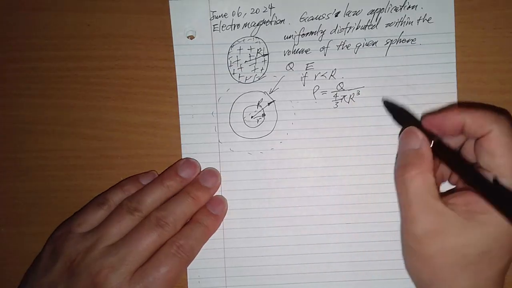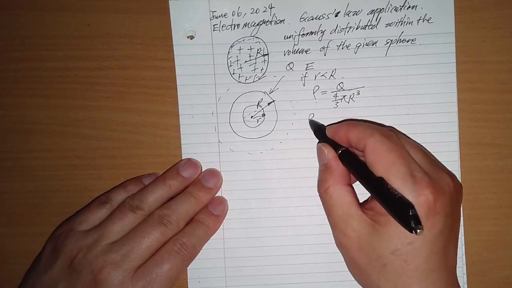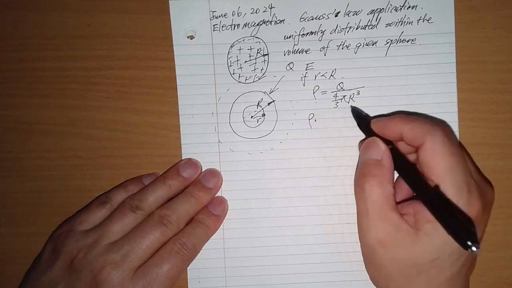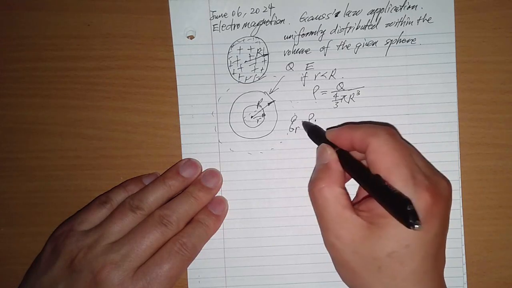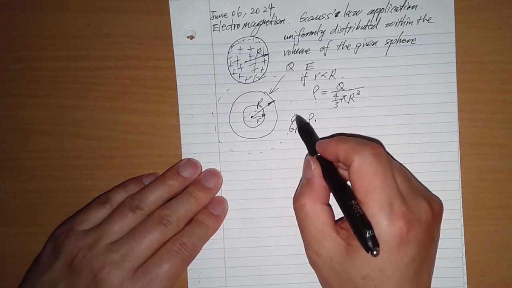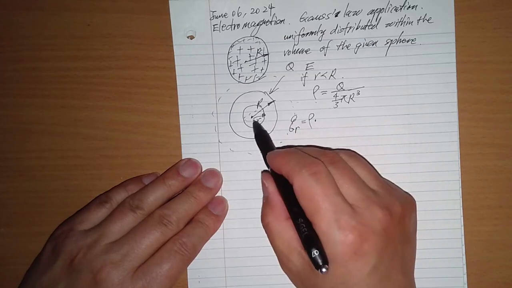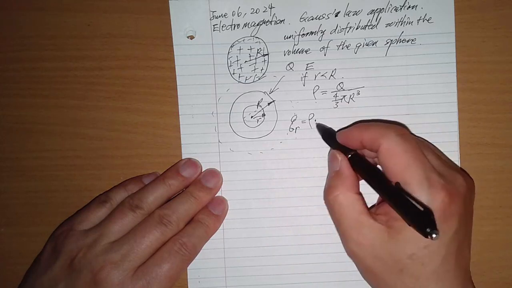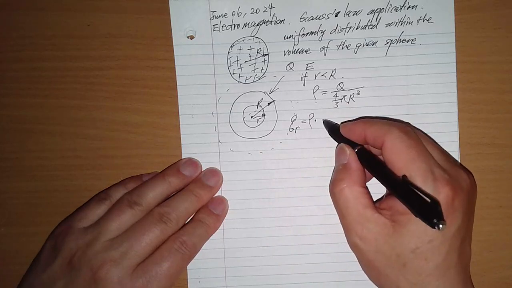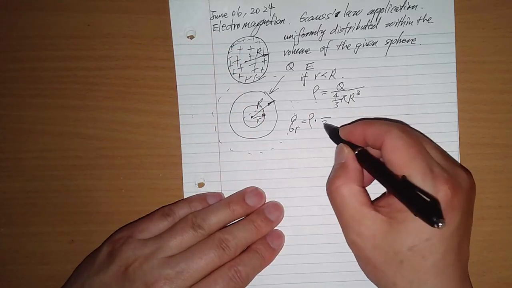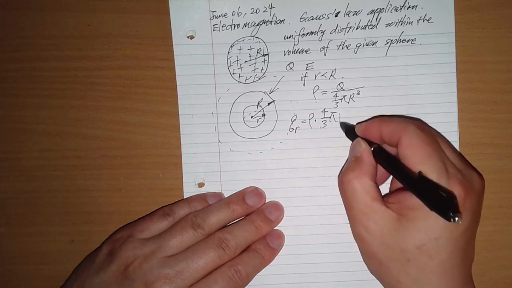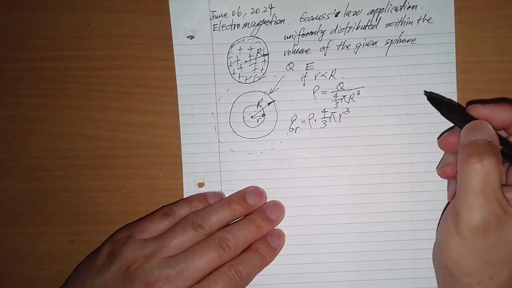And then for this little r right here, if we need to figure out the total amount of charge contained in this sphere, then we just use the rho, because the charge is being uniformly distributed within the given sphere, right? So all we need to do is use Q, I'm sorry, Q of r means the total charge within the radius of r, that is equal to rho, which is the charge density, times the volume, which is four thirds pi little r cubed, right?